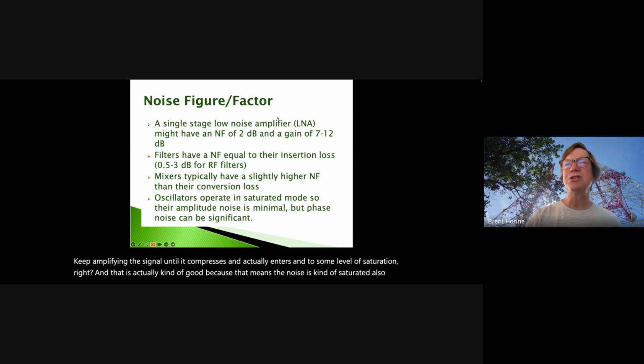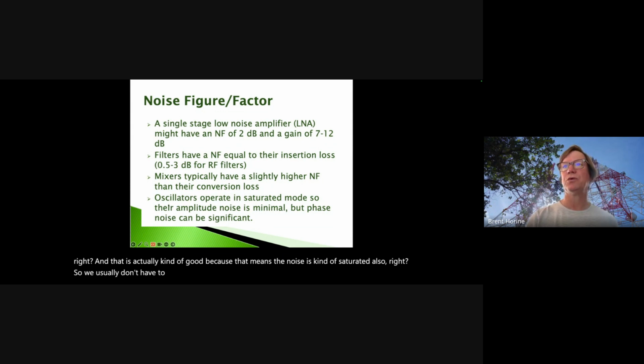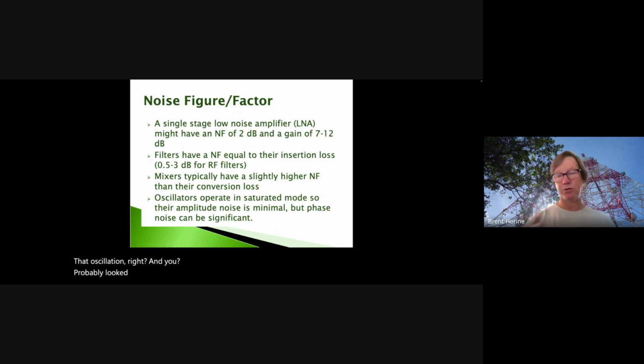So we usually don't have to worry about amplitude noise in oscillators, but that feedback loop is what creates that oscillation, right? You've probably looked at feedback systems and their stability and that type of thing, right?